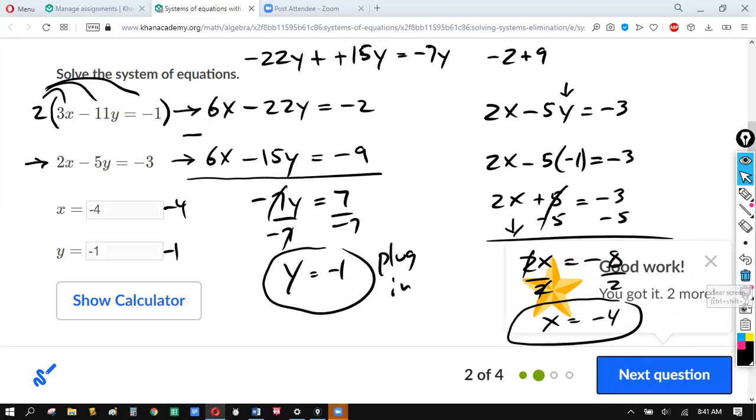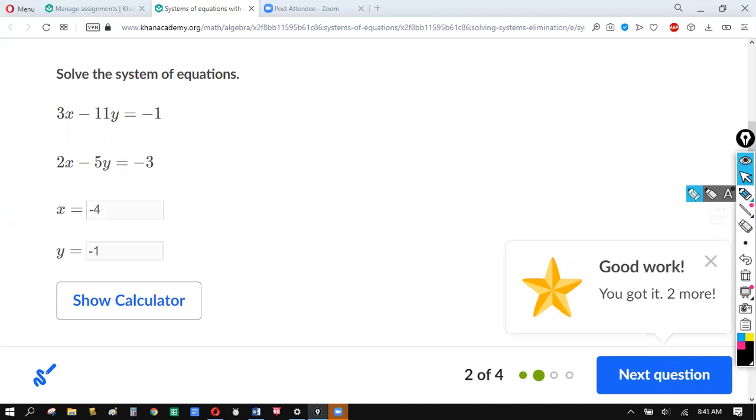Okay, so the bottom line is you have two equations and two unknowns. Two equations with two variables. So you want to match the coefficients on either the x's or the y's. Either one. And you may have to multiply both equations by a number. So you see, I basically reversed it. I had a 3 here, and I multiplied this one by 2.